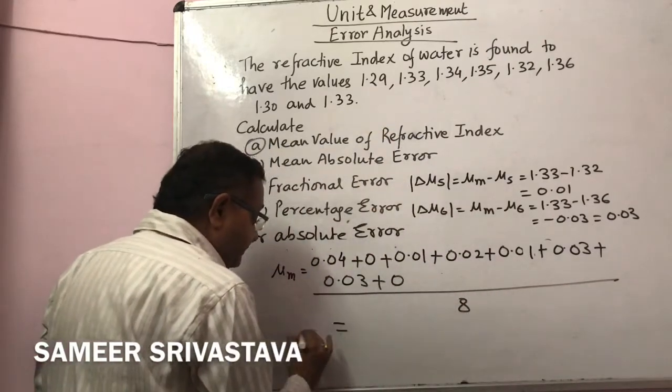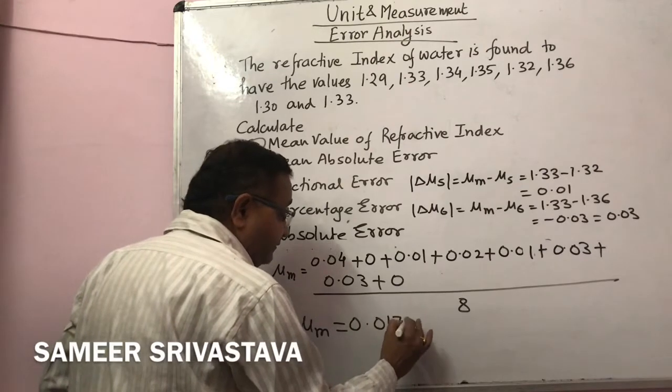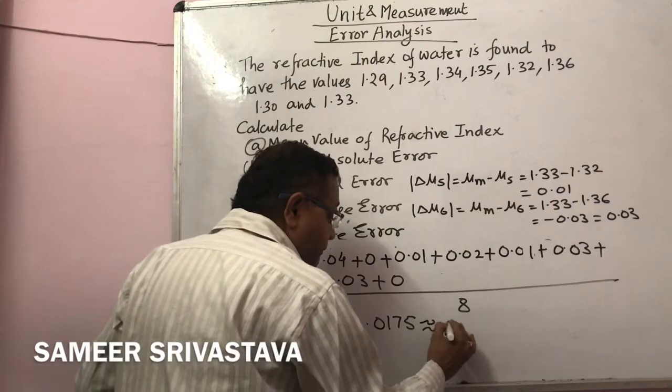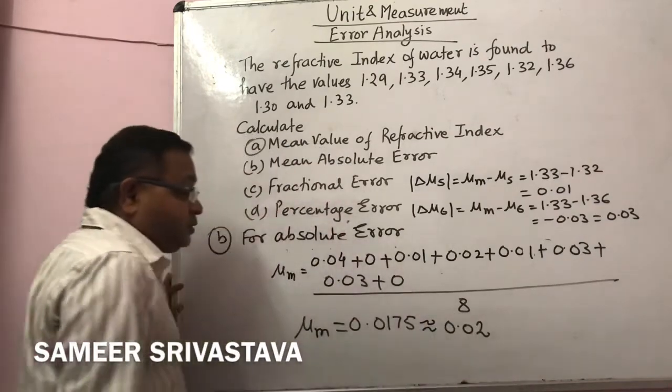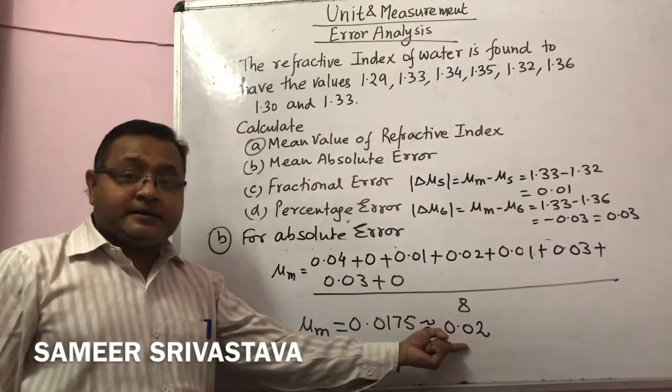After solving, we get the value as 0.0175, and if we take this value, it is around 0.02. So our mean absolute error will be 0.02.